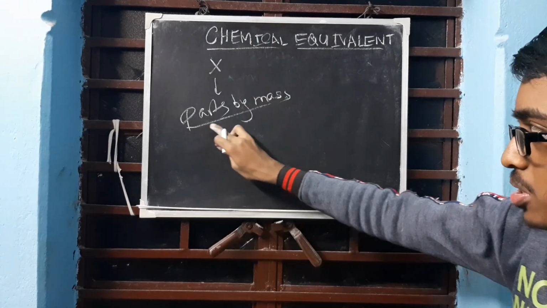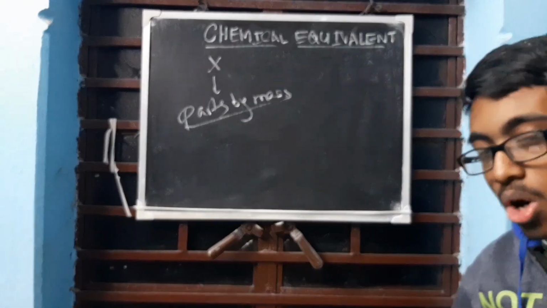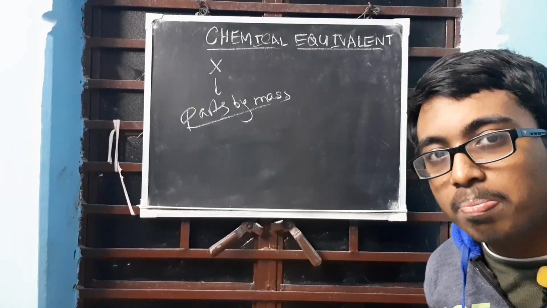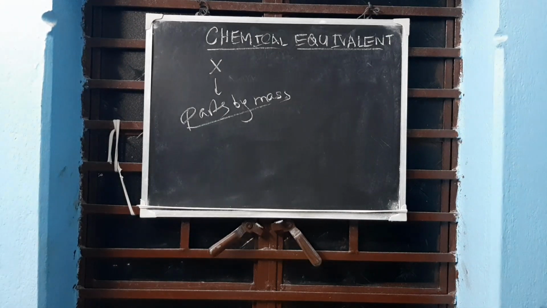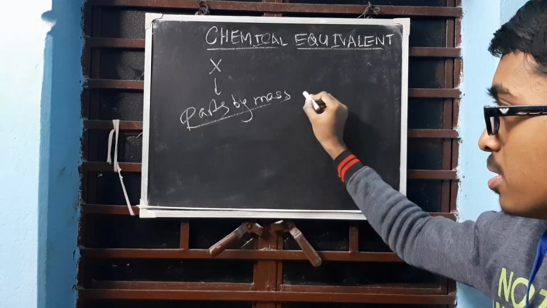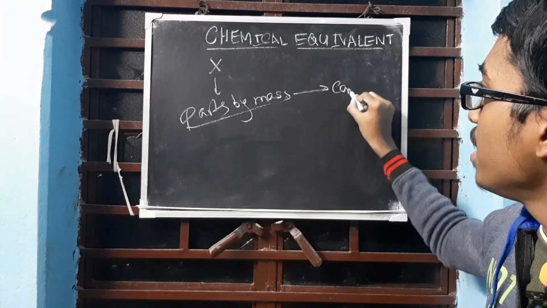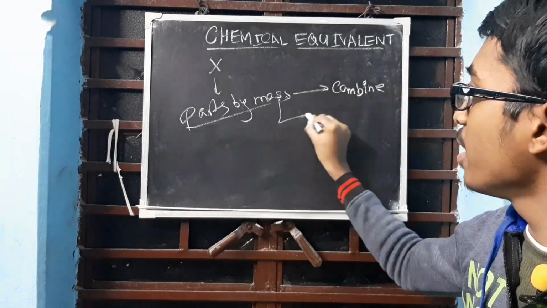Remember, I have talked about this term parts by mass in the law of reciprocal proportion. I have told you how many parts by mass oxygen is going to combine. So how many parts by mass of this substance X will be combining or displacing? If combining is happening, displacement can also happen.